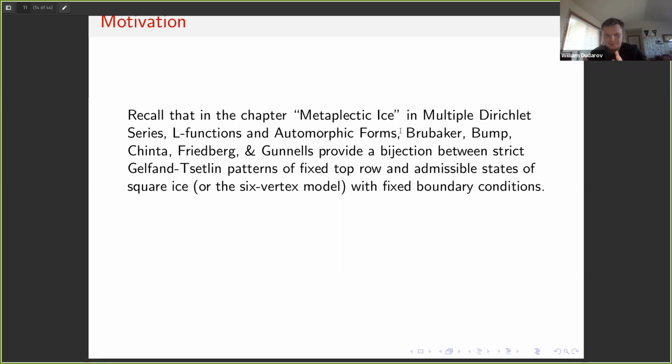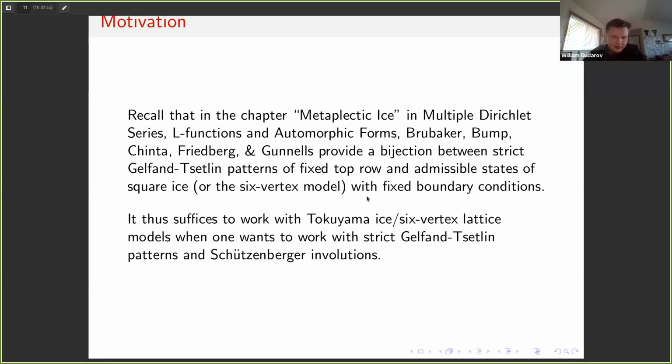Brubaker, Chinta, Friedberg, and Gunnels provide a bijection between strict Gelfand-Tsetlin patterns of fixed top row and admissible states of square ice, or Tokuyama ice, or the six-vertex model states with fixed boundary conditions. So it thus suffices to work with Tokuyama ice or six-vertex lattice model states when one wants to work with strict Gelfand-Tsetlin patterns and Schützenbergian evolutions.